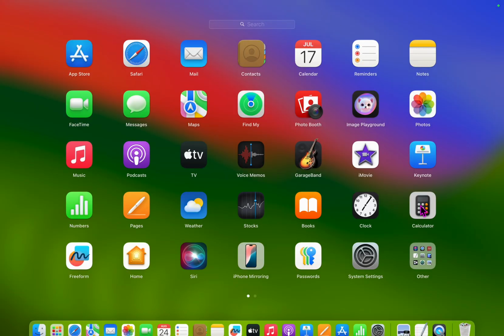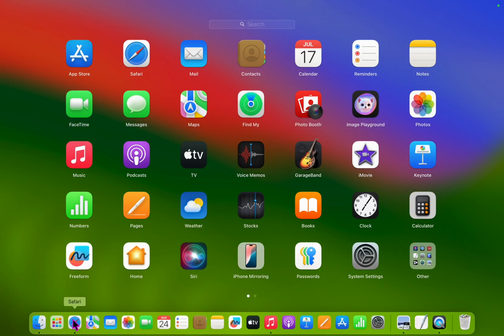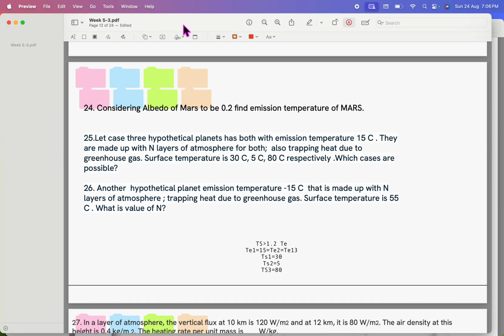So 1.19 factor times Te, that is 1.2 times Te, is around 18 degrees Celsius.